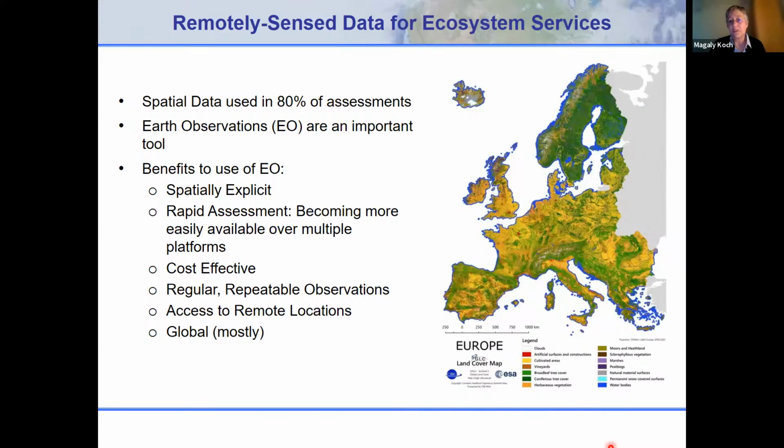ecosystem or ecosystem service analysis and so on. The Earth observations have the advantage that they cover large areas. They're very spatially explicit, and it's a rapid technique or method to assess and monitor components making up the ecosystem, very cost effective.